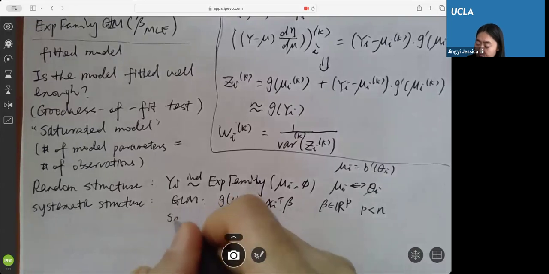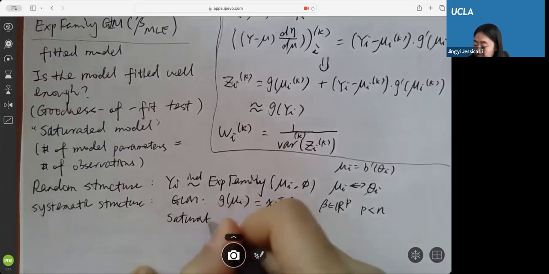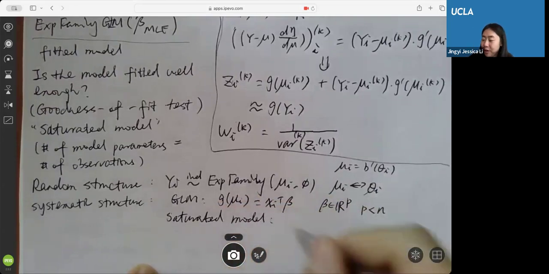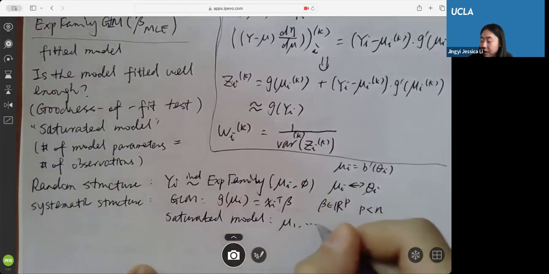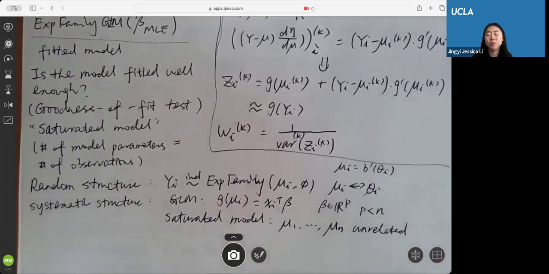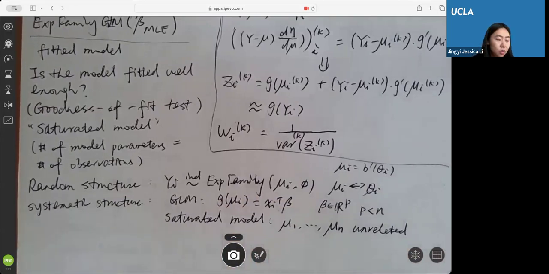So under the saturated model, unlike the GLM, we keep mu_1 to mu_n unrelated. We don't assume a common relationship among them. In other words, you don't need to use your predictors at all. You just estimate mu_1 to mu_n based on y_1 to y_n.